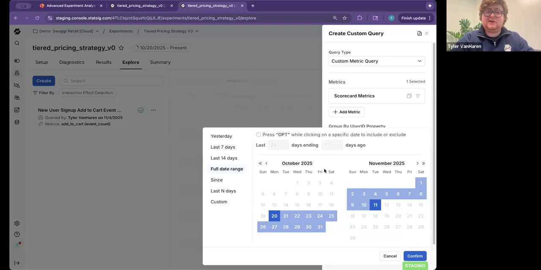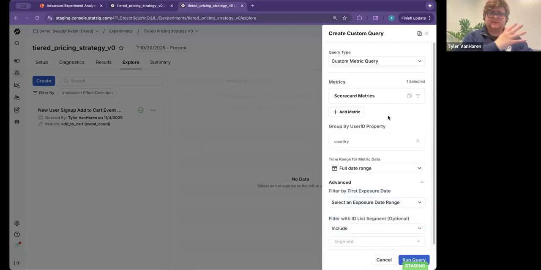Or maybe I wanted to exclude specifically the metrics from Black Friday, or only Black Friday, I suppose. So this allows you to do all sorts of different date ranges. Our main scorecard is marching forever forward, building a cumulative view. If you want one of those other time ranges, you can do that here.